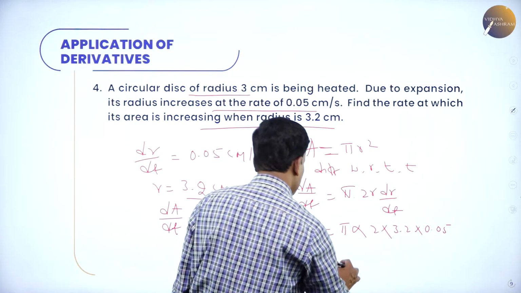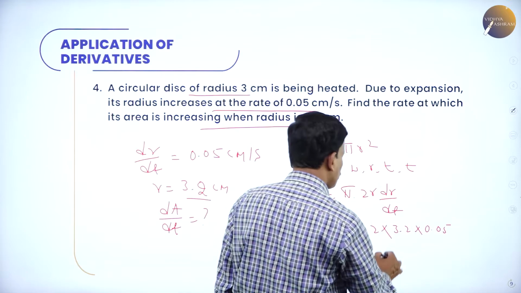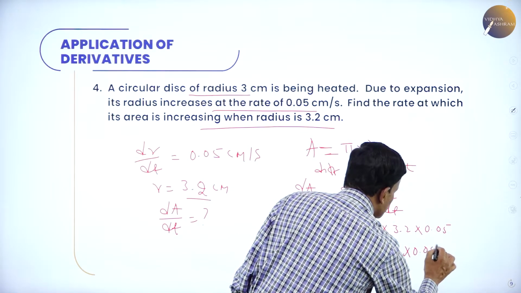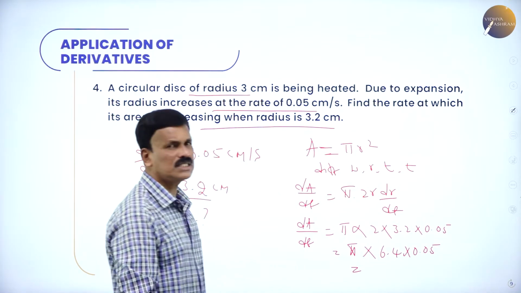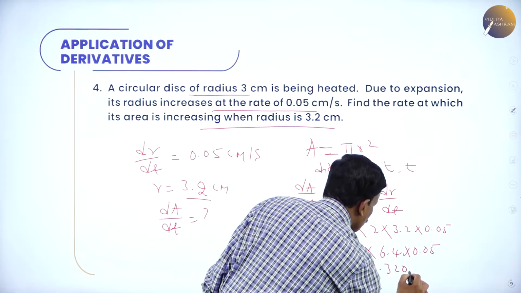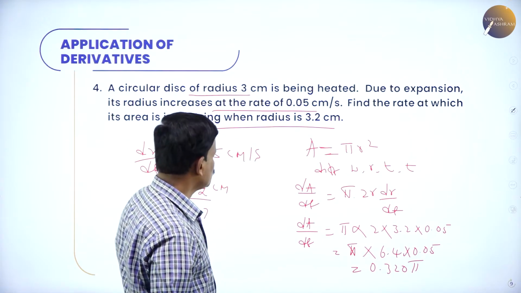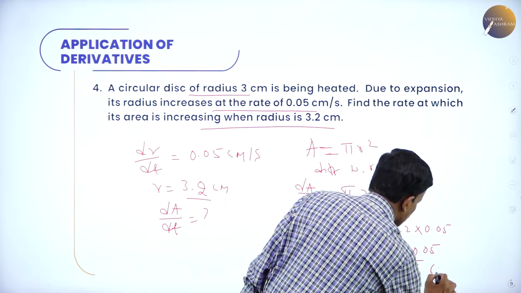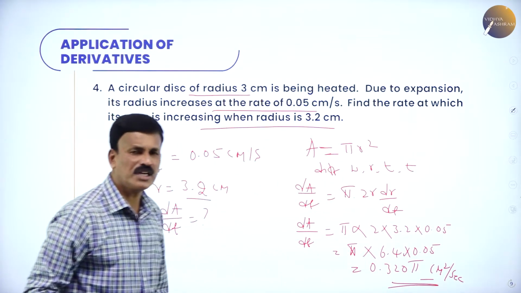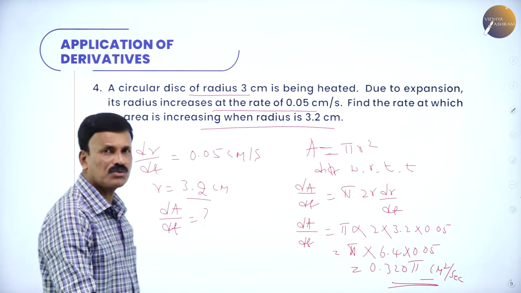So multiply this: pi into 3.2 into 2 is nothing but 6.4, 6.4 into 0.05. Simplify this. After simplification, this is equal to 0.320 pi. This is the area, centimeter square per second. That's it. This is the required. So what is the required area? 0.320 pi centimeter square per second.